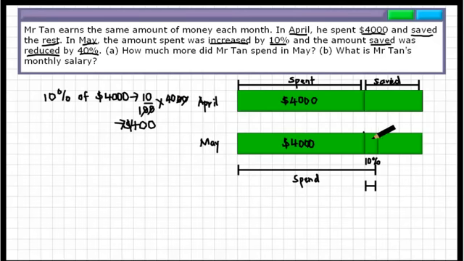So this portion here would be $400. This is actually your answer for part A of the question.